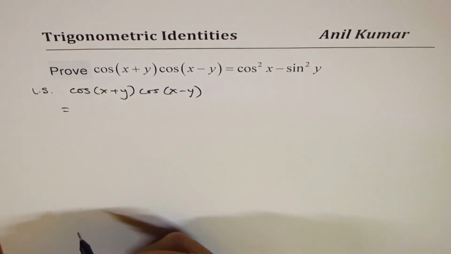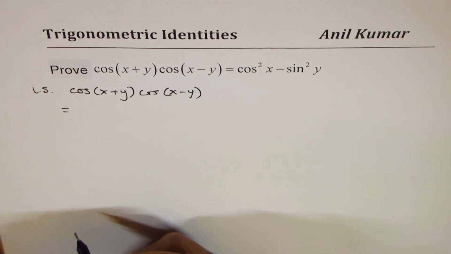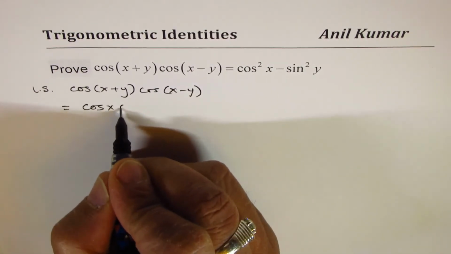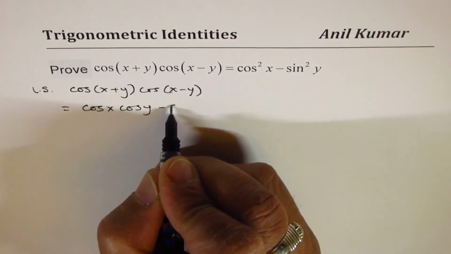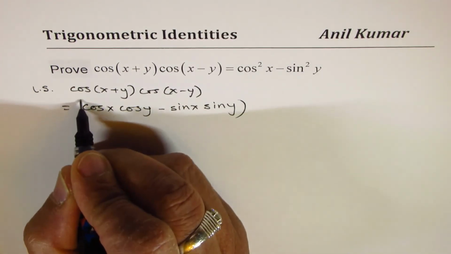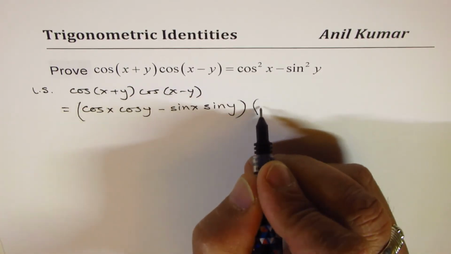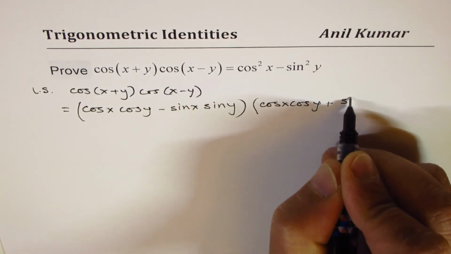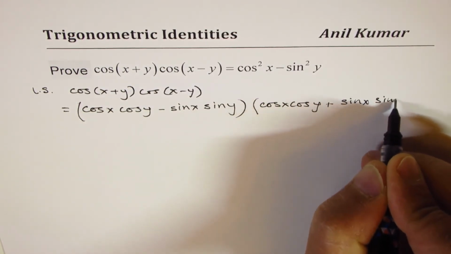We'll just expand it, right? So when we expand it, we get cos x cos y minus sin x sin y. This is from the first term. The other term will be cos x cos y plus sin x sin y. Correct?